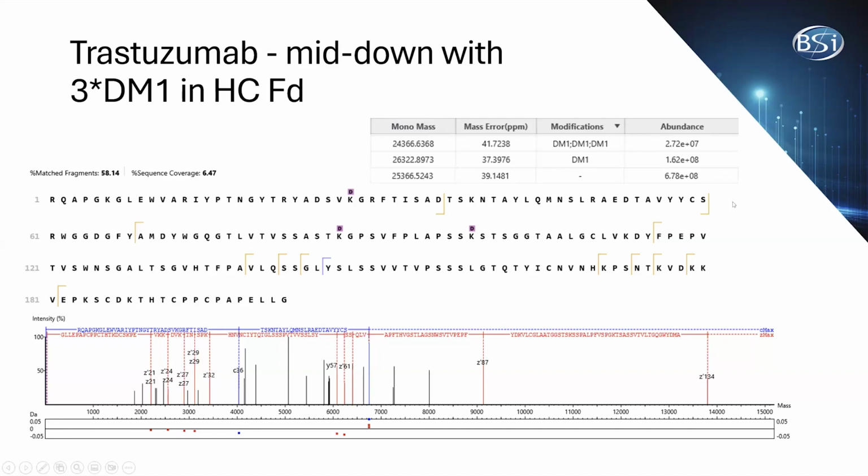And with this data, the goal is also to look at relative abundance of each form. And so we can report the abundance values since we do feature detection from top-down data. We can associate abundance values with each proteoform.